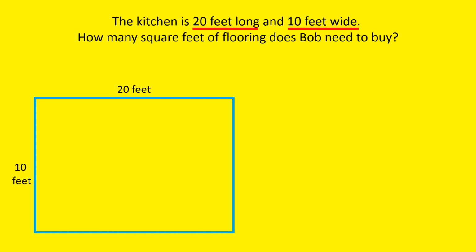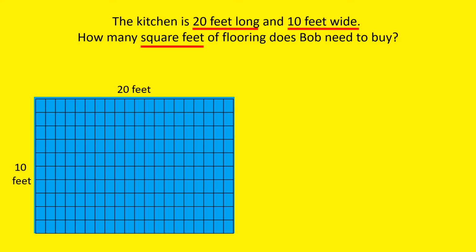What else do I see in our problem? Anything stand out? Well, square feet. If you think back to when we talked earlier about the two things, perimeter and area, we said the area always has square units. So I'll bet you if I fill up the inside with squares, that's going to be area.